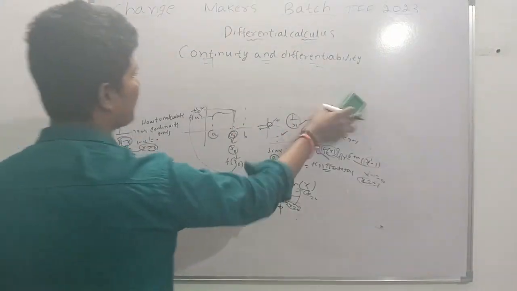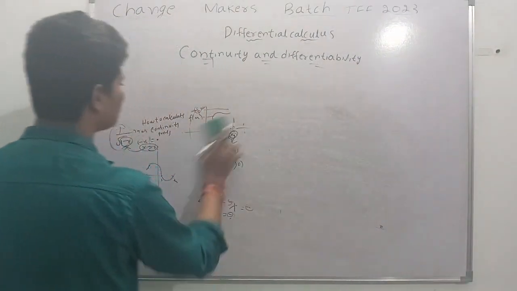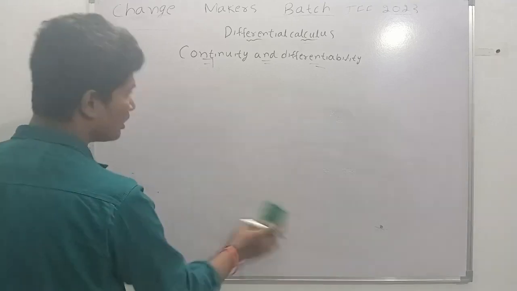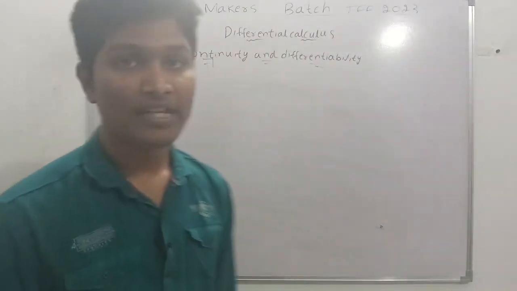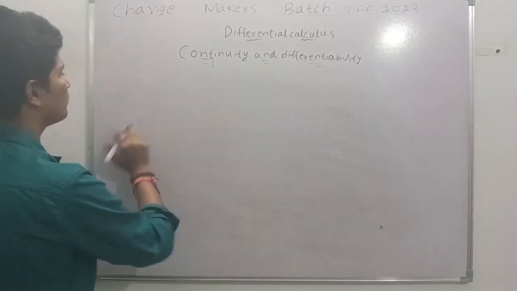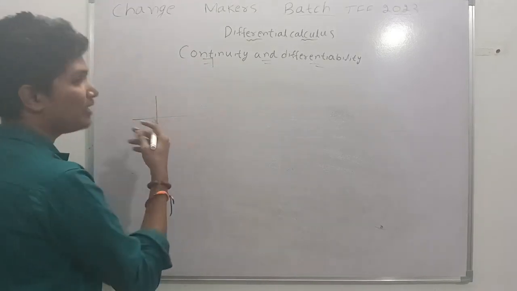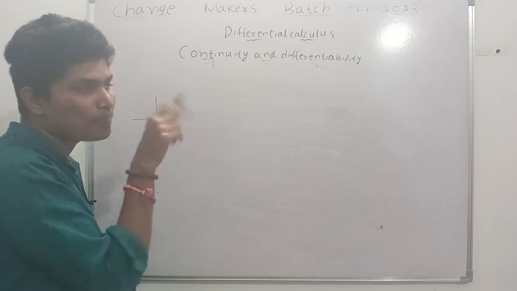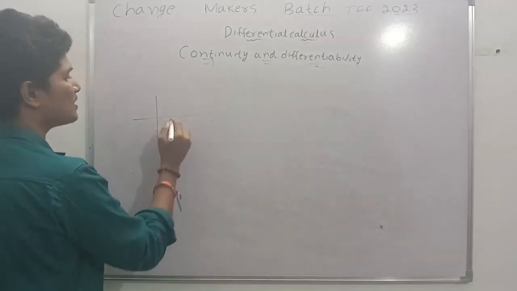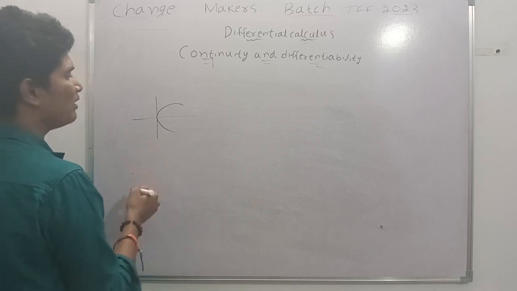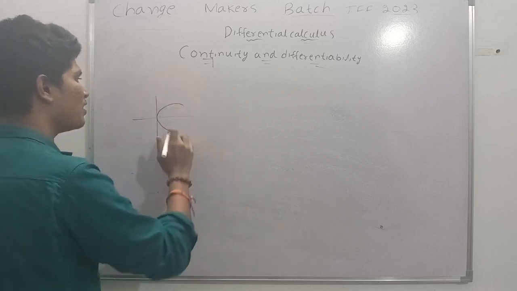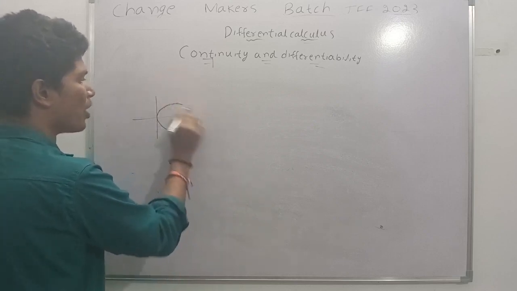Now discuss the differentiability. How can you say a function is differentiable? Differentiable means it should have a slope, meaning we can differentiate that function. Suppose we take this parabola, is it differentiable? Yes, it is differentiable everywhere. We can differentiate the curve at any point.